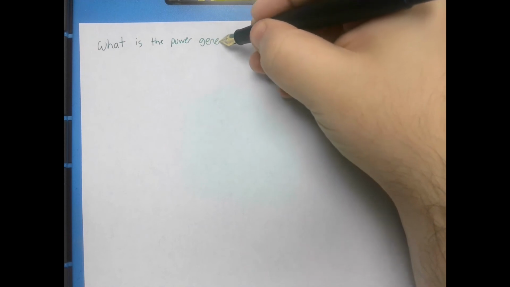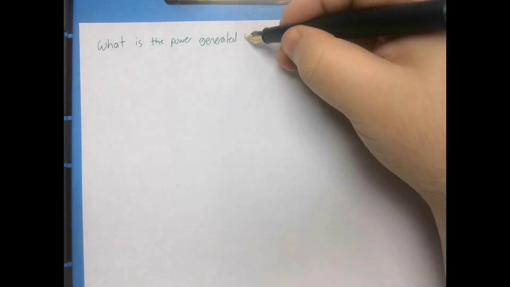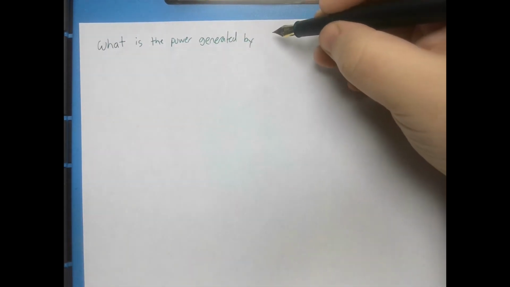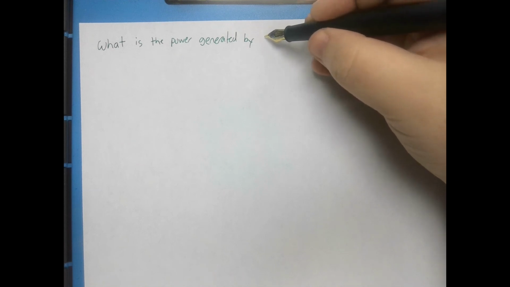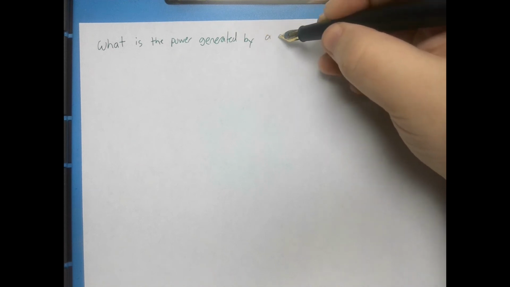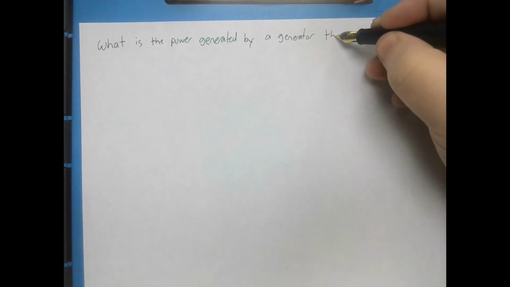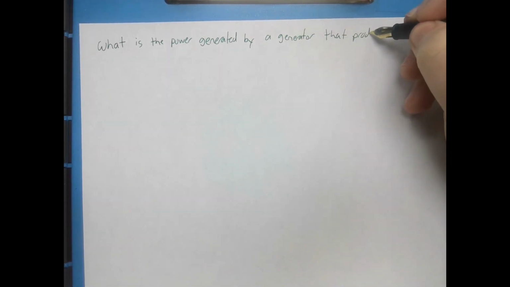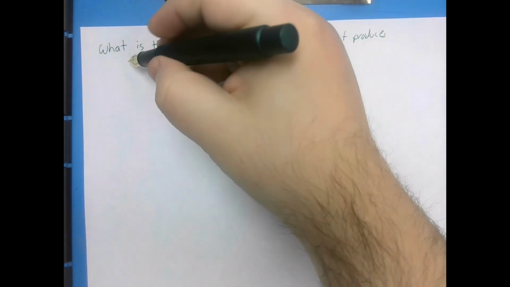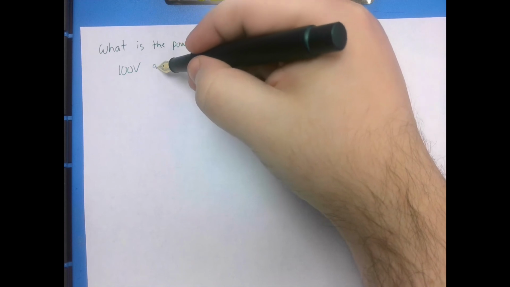What is the power generated by a generator that produces 100 volts and 5 amps of current?